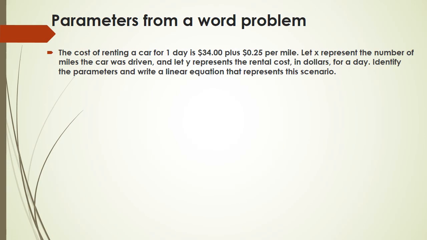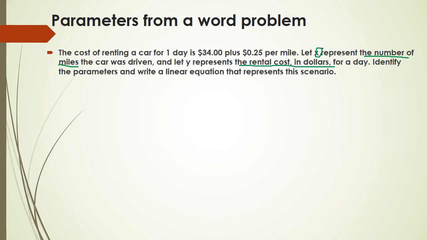Identify the parameters and write a linear equation that represents this scenario. So in this problem, x represents the number of miles, and y represents the rental cost in dollars.